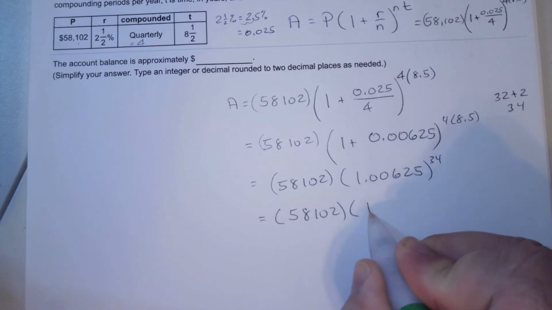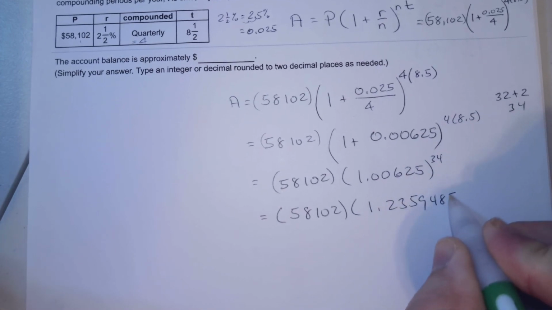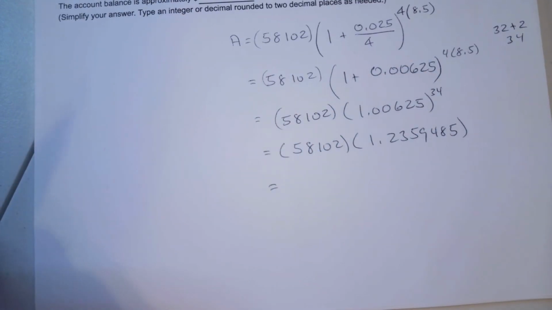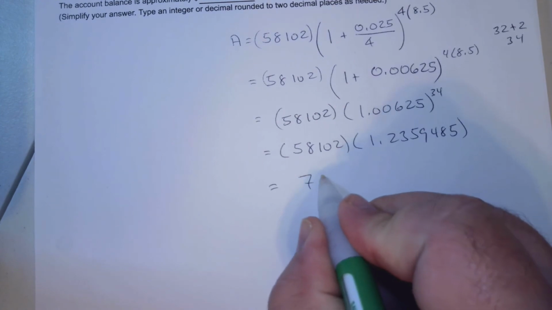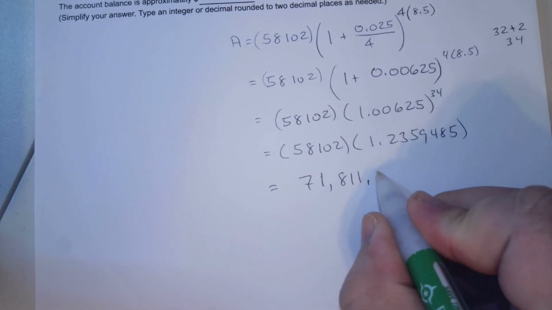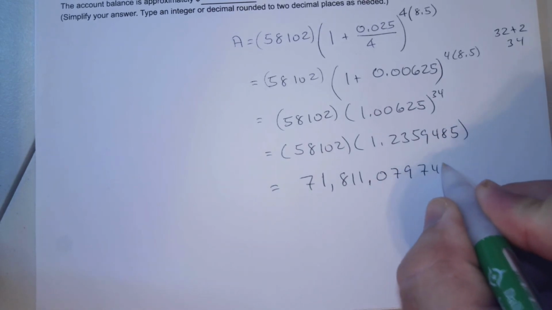I get 1.2359485. Now I times it times 58,102. 71,811.079747.